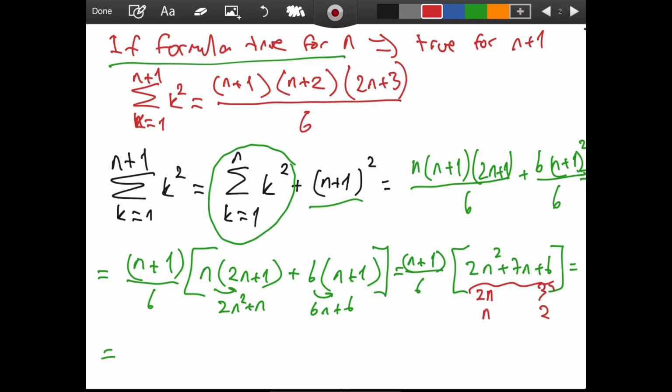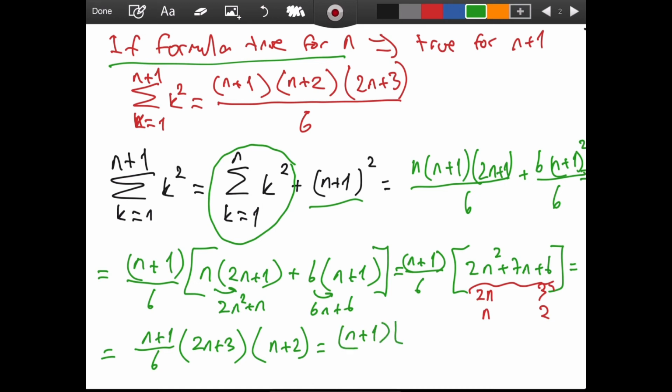We will have, again, n plus 1 divided by 6. And then times, we have 2n plus 3, and then n plus 2. If we rearrange this, we can say it is equal to n plus 1 times n plus 2 times 2n plus 3 all divided by 6.